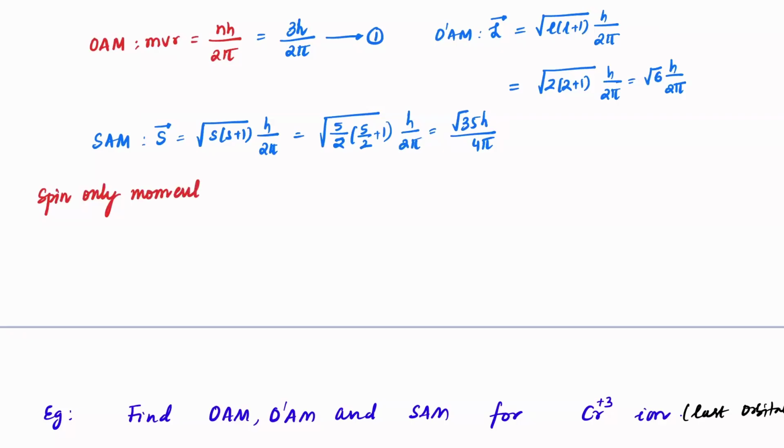Spin only moment, which is written as mu, or the books also give it as magnetic moment. Moment is that force, a virtual force, which will be applied on any species when it is under the influence of a field.